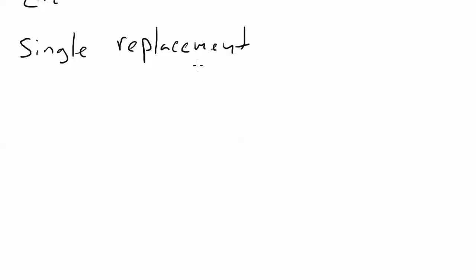The next type of reaction I'd like to talk about is called single replacement. Sometimes you'll see single displacement instead of replacement. Just be aware of that. And this is when one element takes the place of another in a compound.